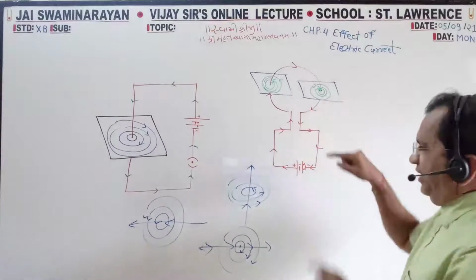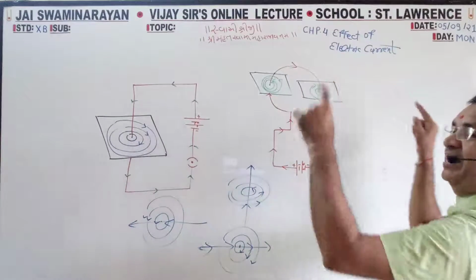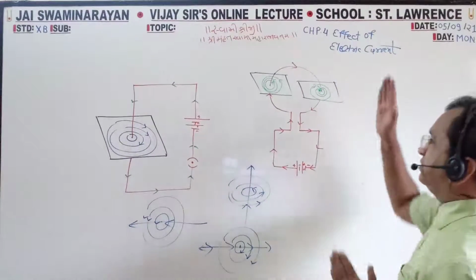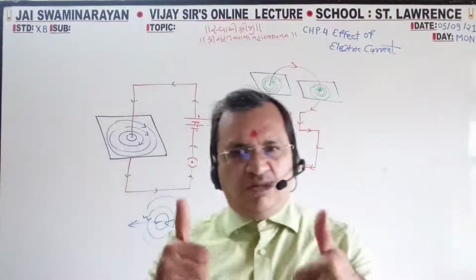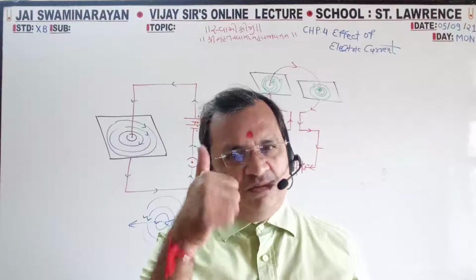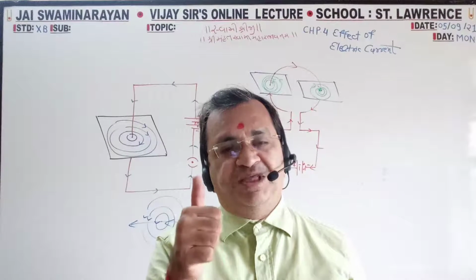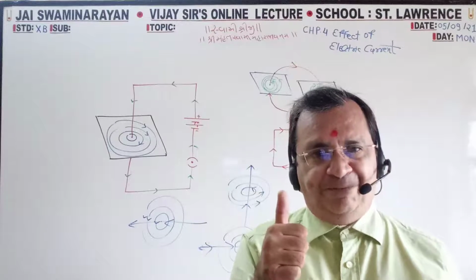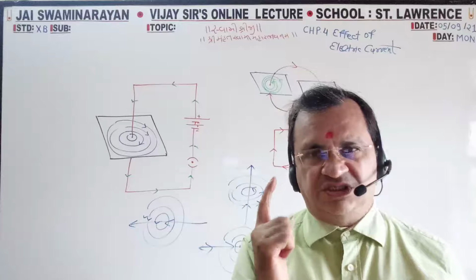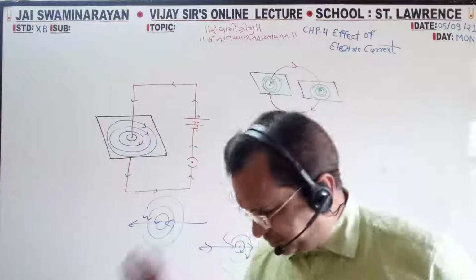So from the second point, it is like this. Opposite. Why is the magnetic field direction opposite? Because the current is opposite. Here up, here down. Both sides obey the right hand rule. Correct? So this is the right hand rule in a loop.